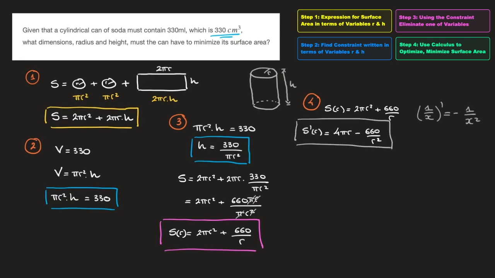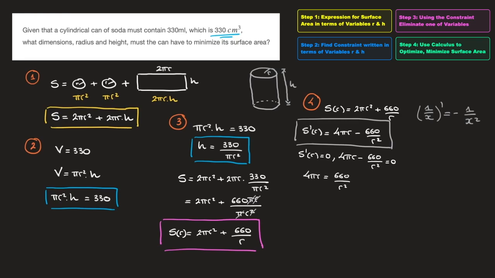There we go. And so to find any minimum value our function s of r has, we need to equate this derivative to 0. In other words, we need to solve s dash of r equals 0, which is the same thing, of course, as solving 4 pi r minus 660 over r squared equals 0. Now to solve this equation, I start by adding 660 over r squared to both sides of the equation, which leads us to 4 pi r equals 660 over r squared.